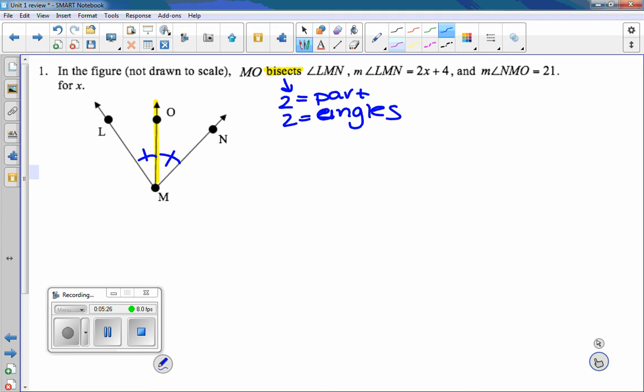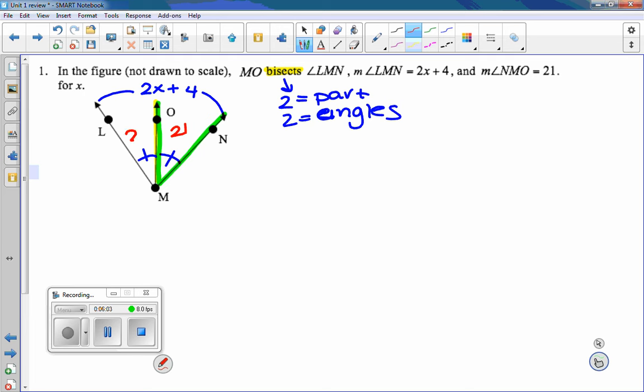Now that you know that, we can now set up an equation. It says MNO, so this whole thing is 2x plus 4. Then it said NMO. NMO is right here. That is 21. But what would be the measurement of here? 21, right? Because then we say they're both equal now.